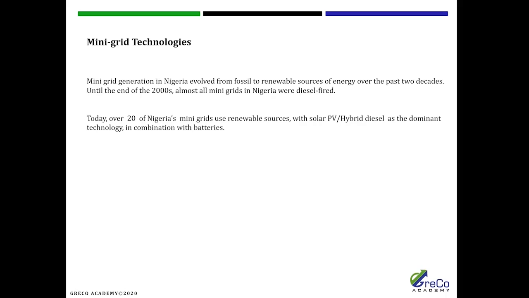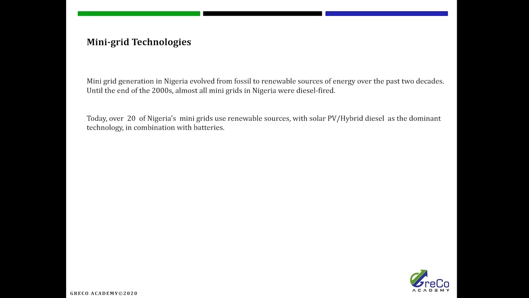It can be generated from wind turbine, biomass or biogasification, or those that were designed to be of hybrid diesel system in combination with batteries. Whichever battery type is used, they come in as a hybrid system.